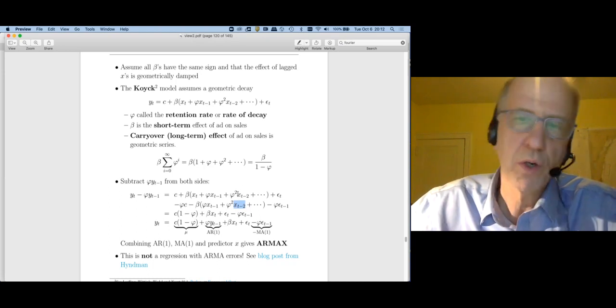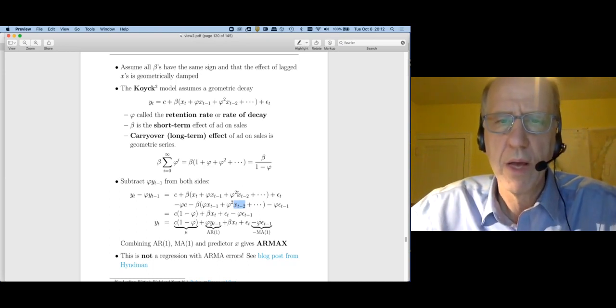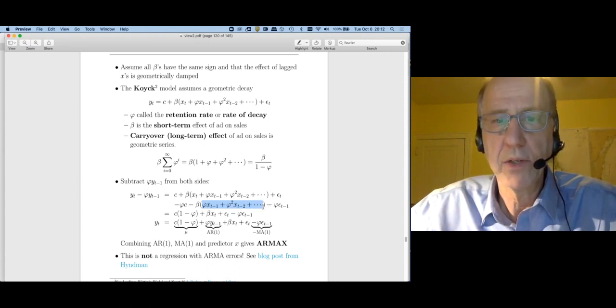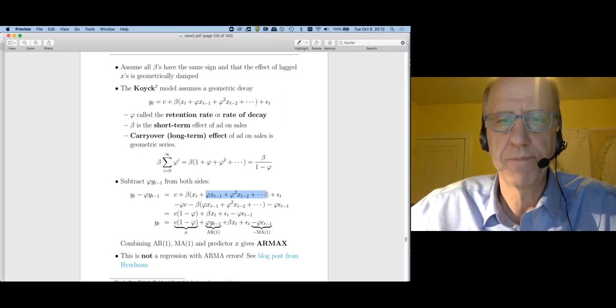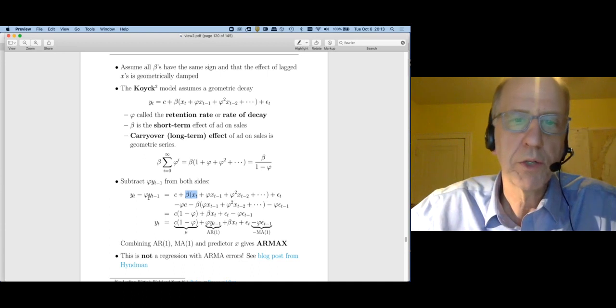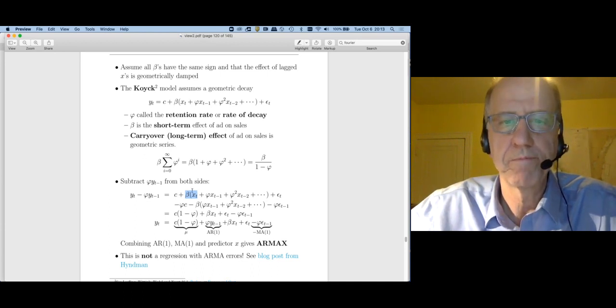So these two terms also cross out. So basically everything in this parentheses cancels out with what I have up here, with one exception. And that one exception is the first term. So there is no xt in my equation for yt minus 1.